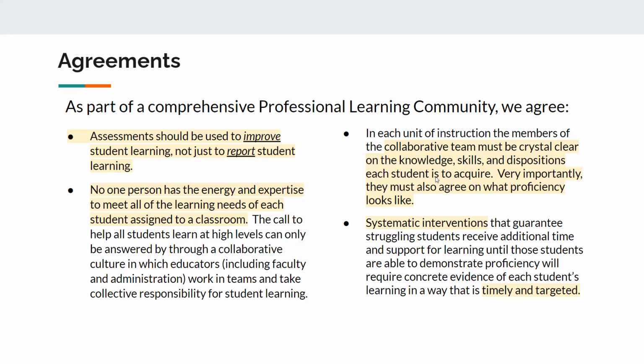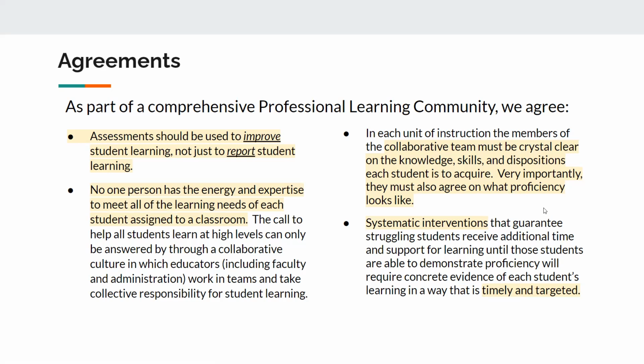As well as the PLC, we agree that collaborative teams must have agreements, not just about what we want our students to know, but also what proficiency looks like. So what does success look like collectively? We're defining that, and therefore we can collectively assess for how students are doing.